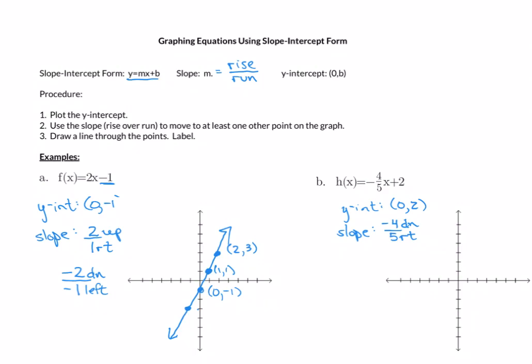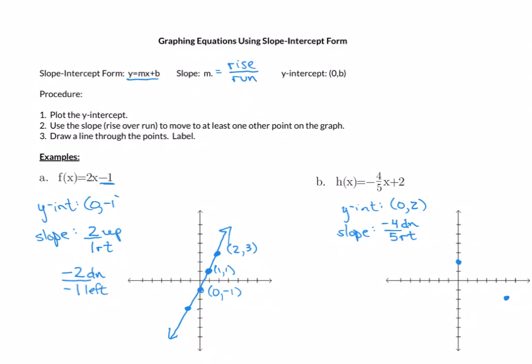So if we go ahead and graph this, (0, 2) is 2 above the x-axis on the y-axis. And now if we go down 4, 2, 3, 4, and right 5, we should end up right about here. And just remember that in order to graph a line, you only need 2 points, minimum of 2 points.